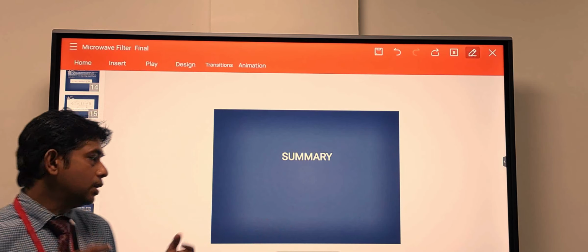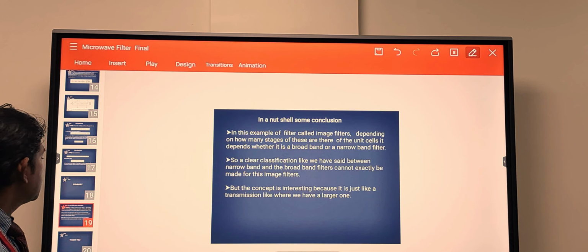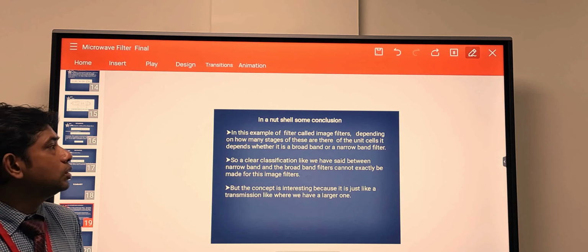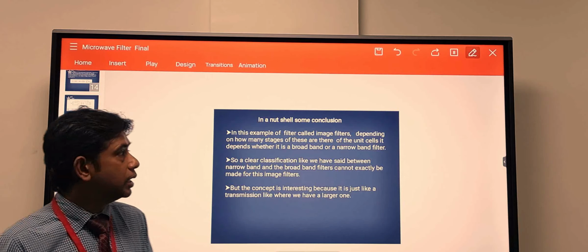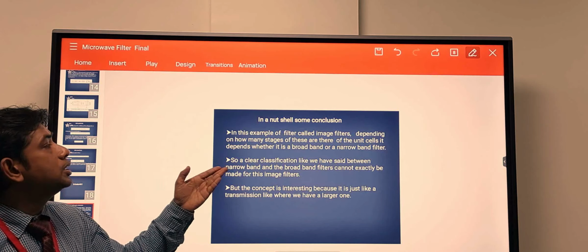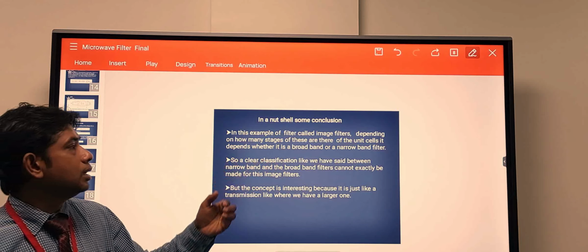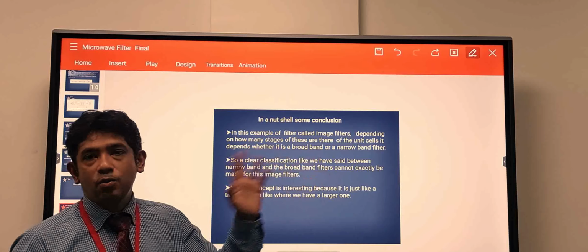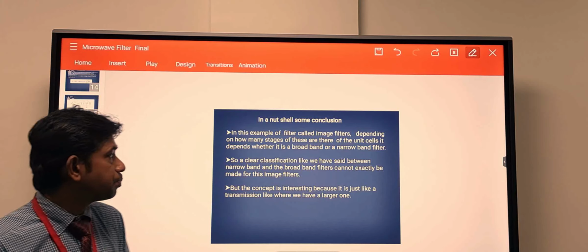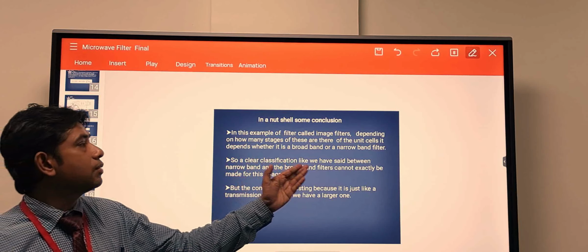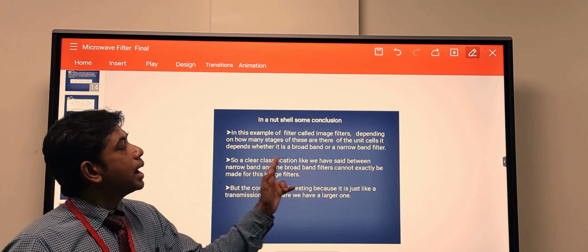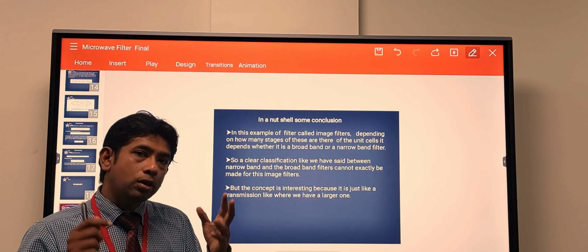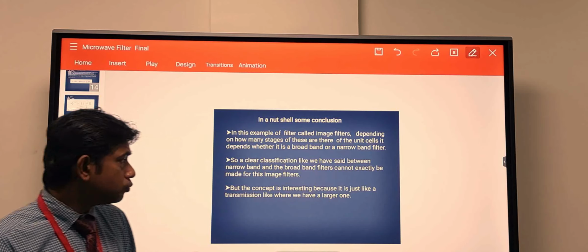So in a nutshell, if we proceed towards the conclusion, for the image filters, depending on how many stages of the image cells there are, it depends whether it is a broadband or a narrowband filter. A clear classification between narrowband and broadband filters cannot exactly be made for image filters.